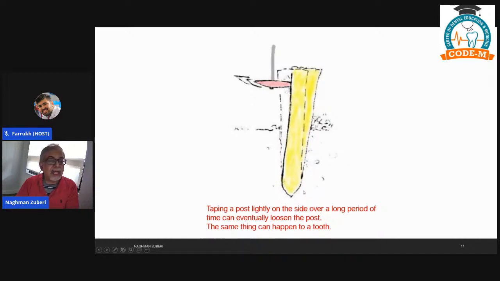The reason is that the periodontium is going to accommodate those forces, and in order to accommodate those forces, its structure is going to change. I will explain to you how it happens, just giving you an example from daily life. The tooth will become very wiggly, will become mobile, and maybe in future it is going to be lost if we do not tackle the situation at a very early stage.